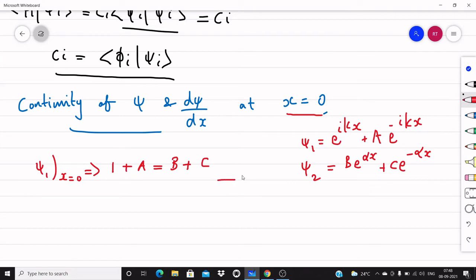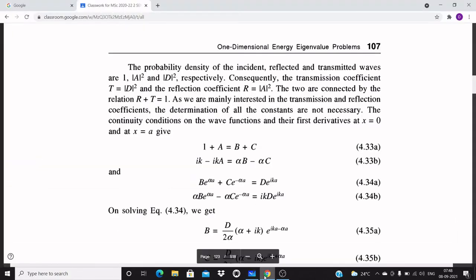Let us call it equation, I think we will write the same as given in the textbook, it is 4.33a.